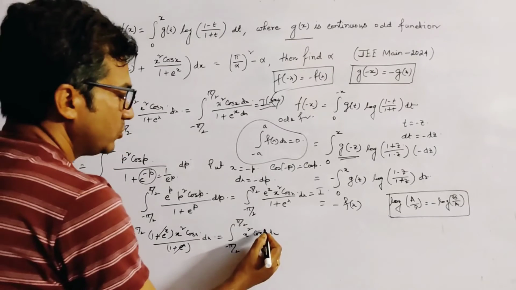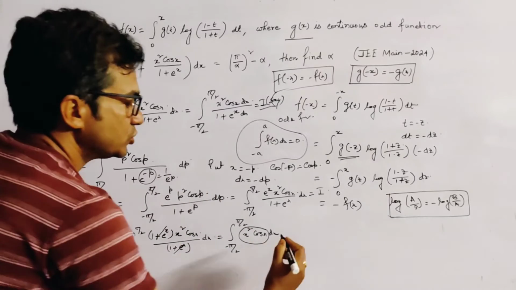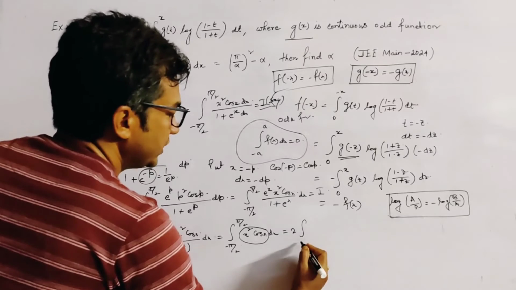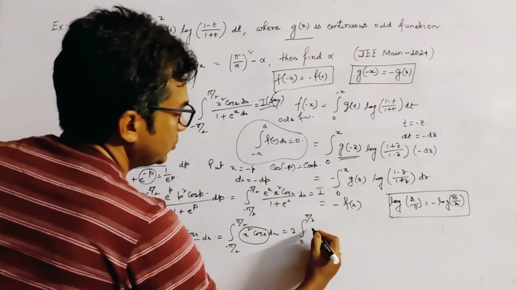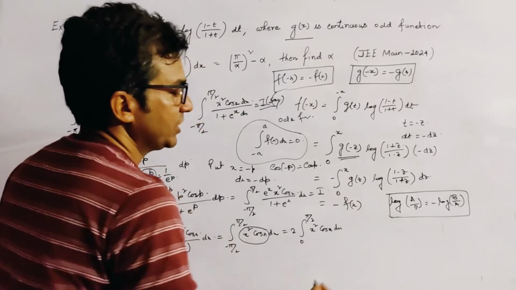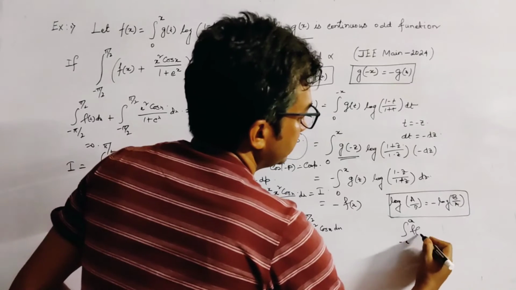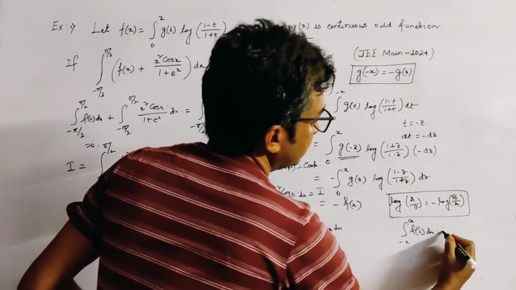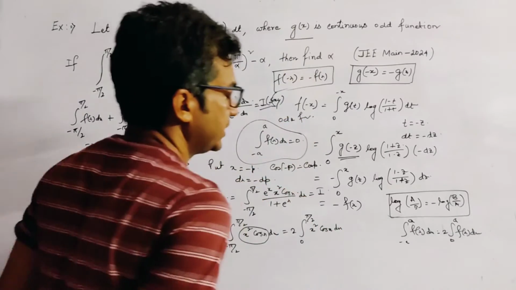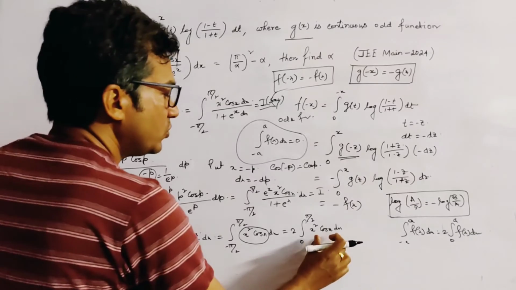We know that x square cos x is an even function, so by the property of even function, we get 2 into integration 0 to pi by 2 x square cos x dx, because for an even function, integration minus a to a f(x) dx equals 2 into integration 0 to a f(x) dx.